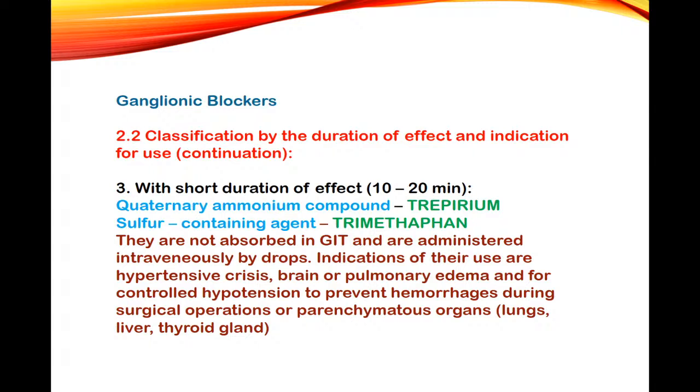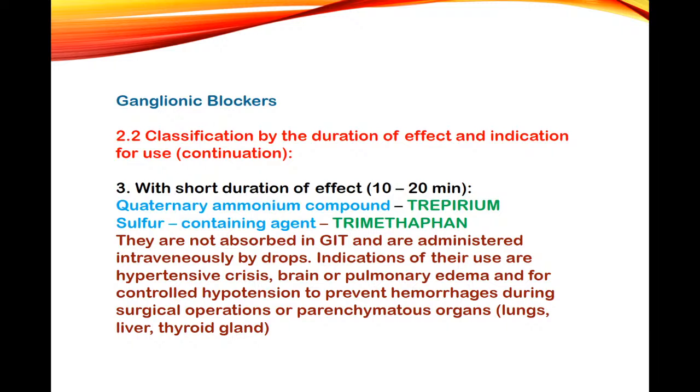Principally, we can use different ganglionic blockers with different action duration, but the best of all, of course, are short-acting ones. Short-acting by drops, and after stopping the manipulation, we stop dropping, and in 10, 15, 20 minutes, arterial pressure is normal. It's very comfortable.